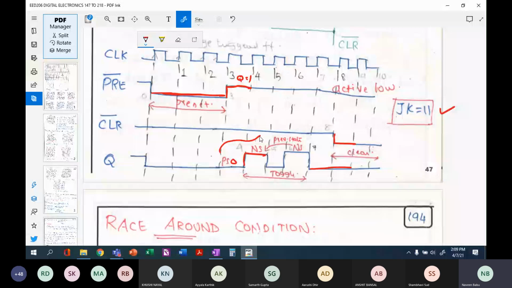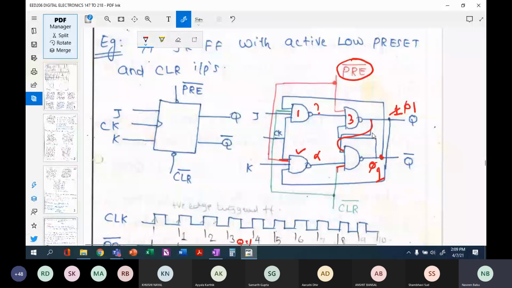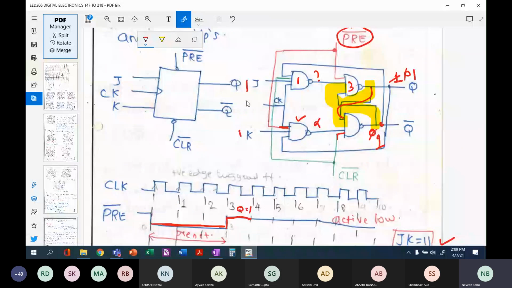The reason is this particular feedback. Whenever Q changes, it affects gate number 4, and this output also changes, and this in turn will change the output of gate number 3, and there will be toggling. Please make sure that J and K values are equal to 1. That is the reason this has the property of this toggling effect.